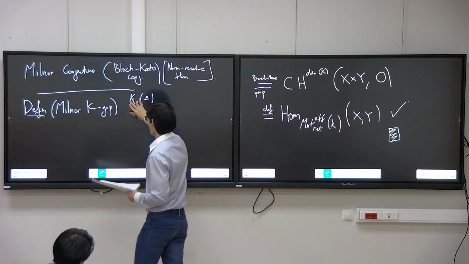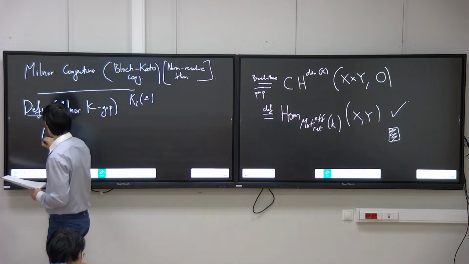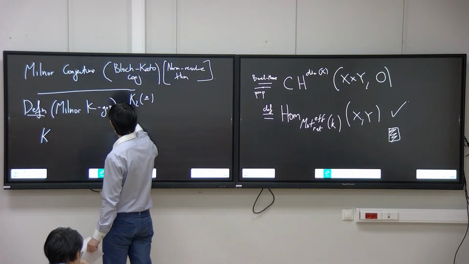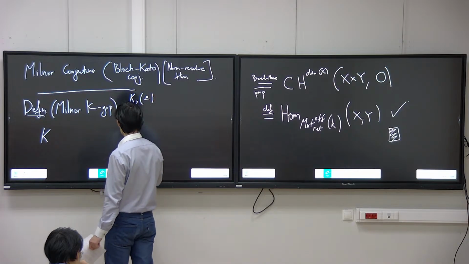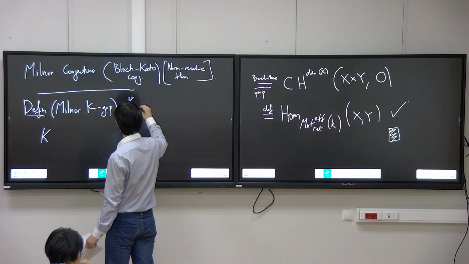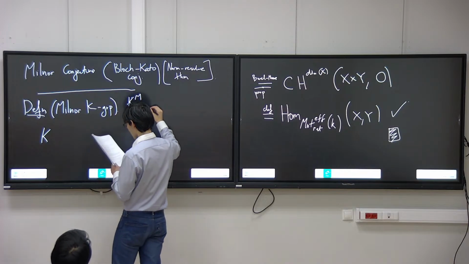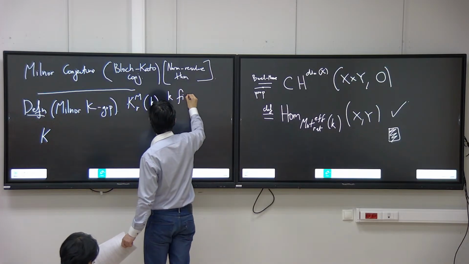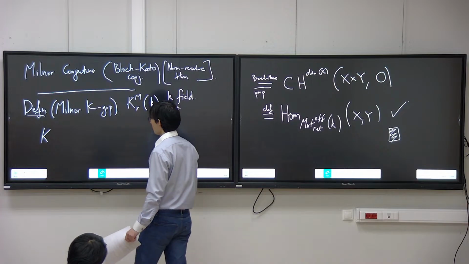I'm not going to write K2 out, but there is a sequence of these groups, the Milnor K groups. I'm going to get rid of this because it's a bit confusing, but it's just motivation. The Milnor K groups are these groups indexed by r, with M on top for Milnor, of K, where K is a field and r is greater or equal to 0.